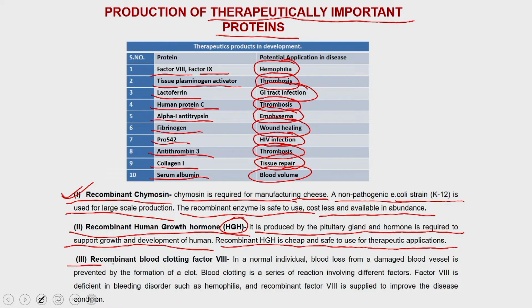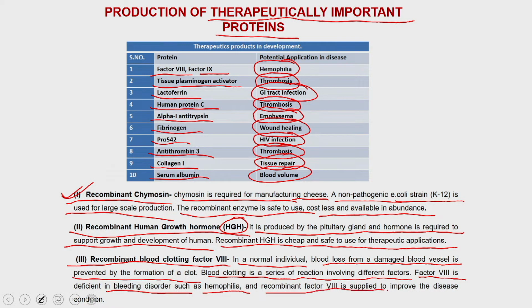Then the third is the recombinant blood clotting factor number 8. In a normal individual, blood loss from a damaged blood vessel is prevented by the formation of a clot. Blood clotting is a series of reactions involving different factors. Factor 8 is deficient in bleeding disorders such as hemophilia, and recombinant factor 8 is supplied to overcome the disease condition. Suppose you get an injury; in a spontaneous process you activate either the intrinsic pathway or the extrinsic pathway.